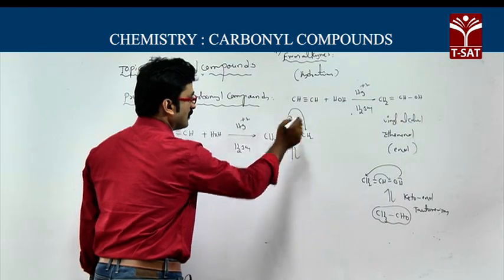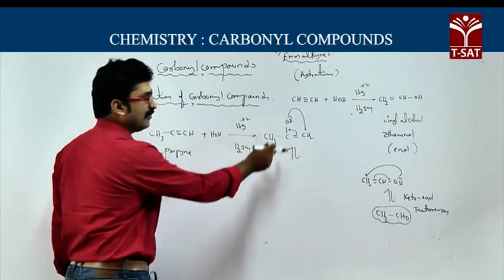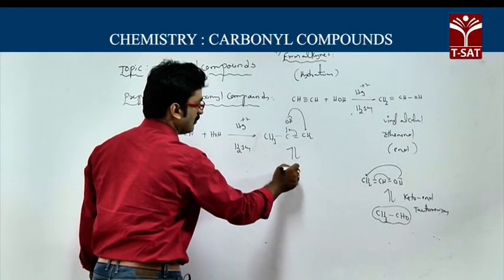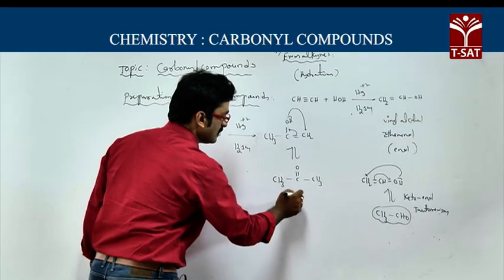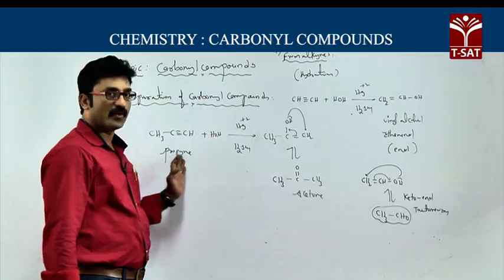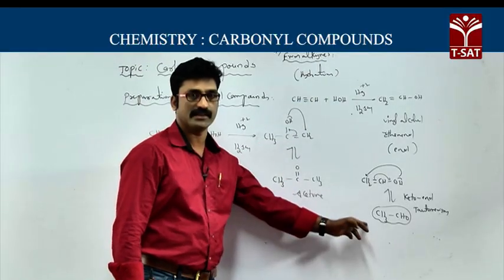You add this hydrogen to CH2 and shift this double bond between carbon and oxygen. So you will get CH3C(=O)CH3, known as acetone. If you take propyne, you will get acetone, and if you take acetylene, you will get acetaldehyde.